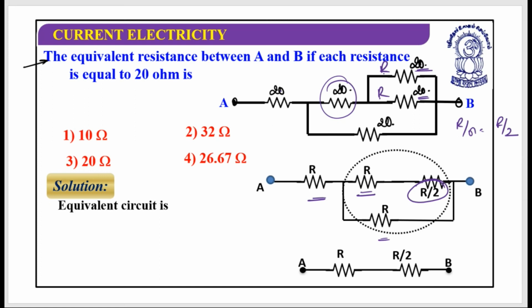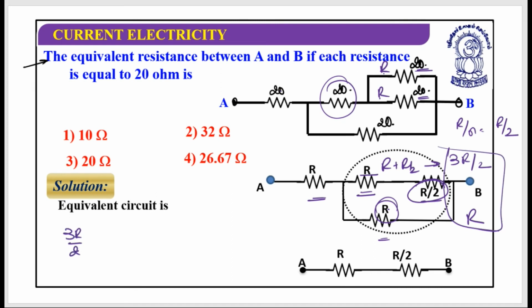Now, as you can observe, this and this are connected in series. So their value is R plus R by 2, which should be 3R by 2. And this is connected in parallel with it. It's 3R by 2 and R by 2. So let's solve this first. It's a combination of 3R by 2 and R by 2.